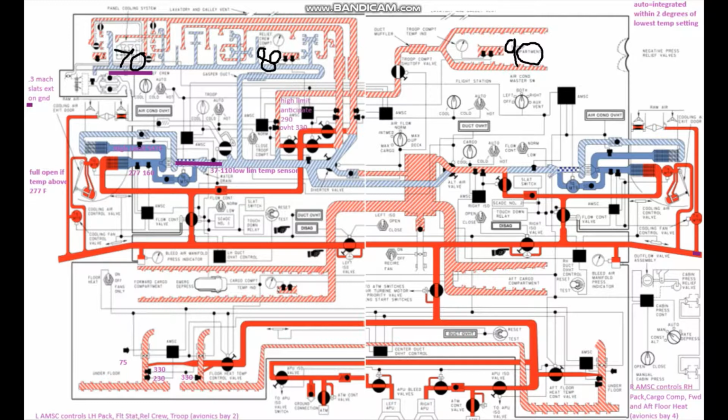The AMSC is going to work to regulate our low limit temp control valve to put enough air in just prior to the water separator so that the air exiting the water separator is going to be at 70 degrees.